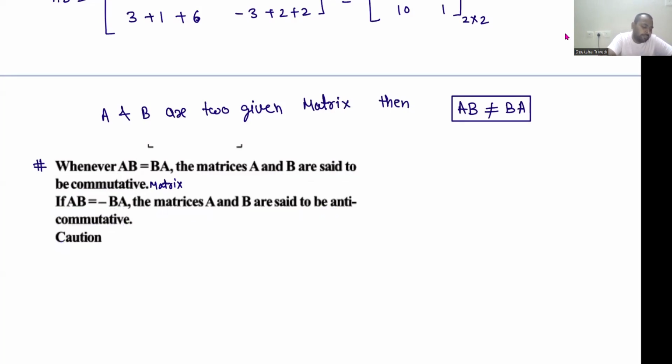So the matrices are commutative when AB equals BA, and anti-commutative when AB equals minus BA. If two matrices are commutative, then AB equals BA. If two matrices are anti-commutative, then AB equals minus BA. Does anyone have any doubt?